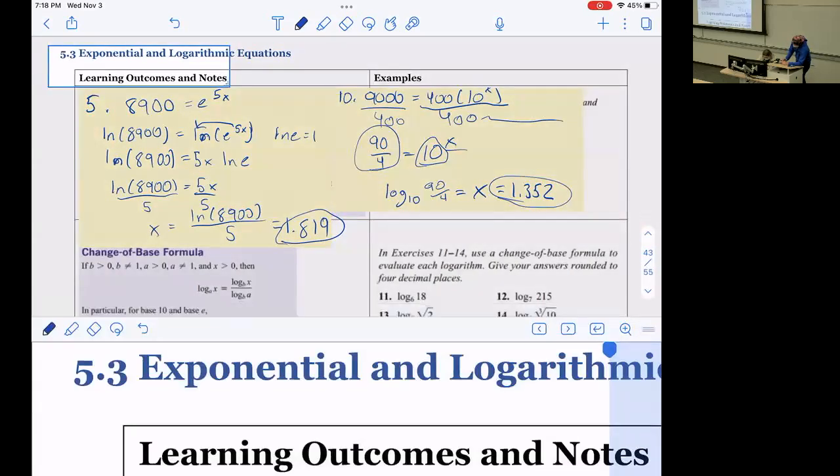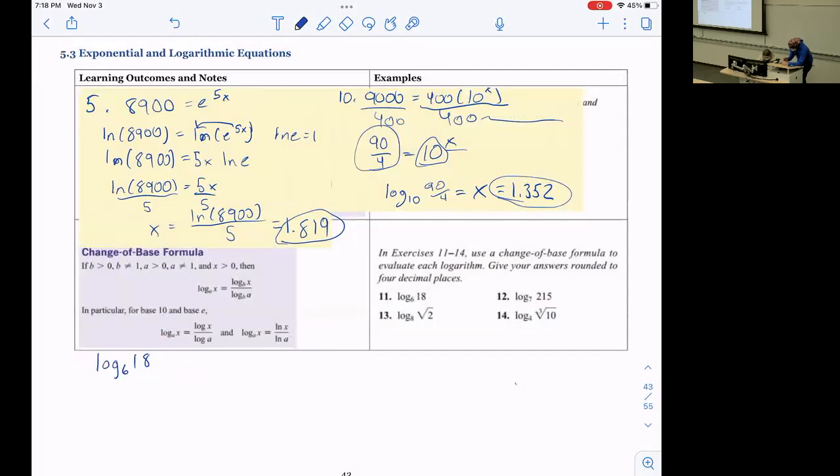I don't know what we want to change our base to. What do we want to change our base to here?